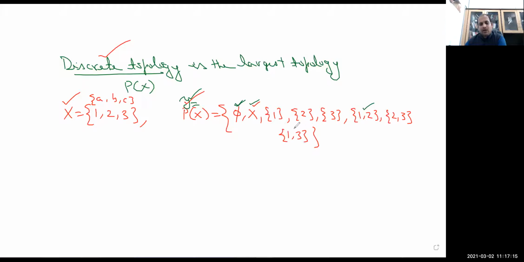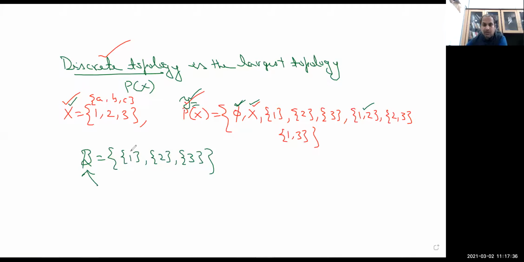Okay, now my claim is that all singletons of this set, singleton 1, singleton 2, singleton 3, are going to form a basis.